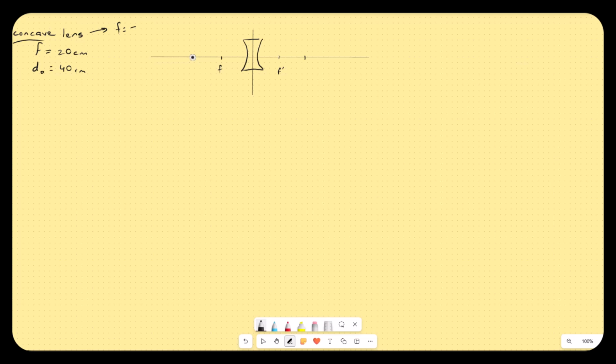If I'm putting my object out at 40, and I just quick ray trace this thing, I'm going to go once parallel, and then through F, and then once through F prime, and then parallel. Those outgoing rays aren't going to do anything, so I've got to trace these things back. It looks like I'm going to meet here.